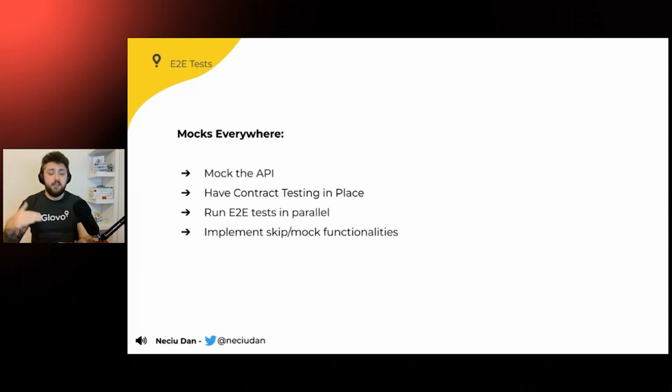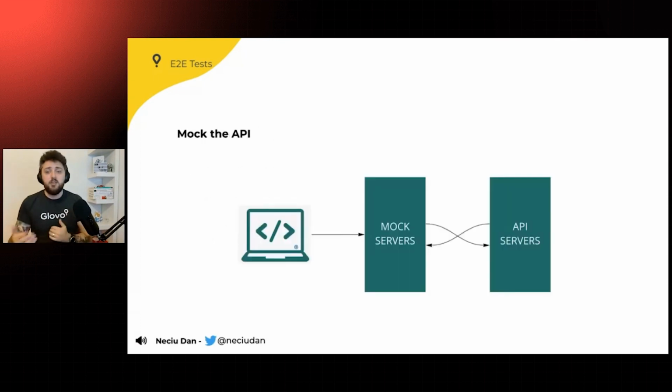We have contract testing in place to make sure that the API does not change. We run our end-to-end tests in parallel in the pipeline to make them as fast as possible. And we implemented skip and mock functionalities to make sure that we are not retesting everything over and over again.